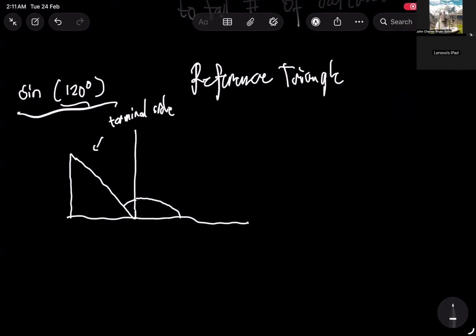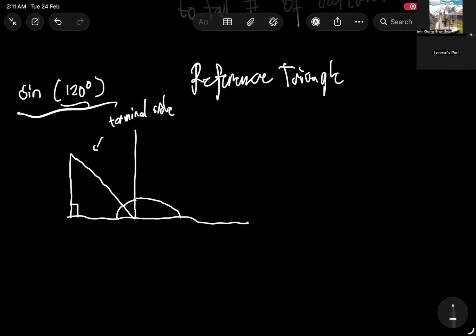I also draw here the line, so I have formed a right triangle. Paano tayo makakapag-solve? We need to understand this angle here inside, which is the reference angle.